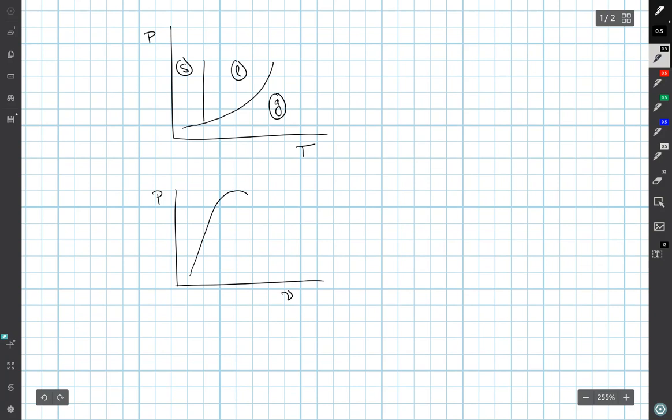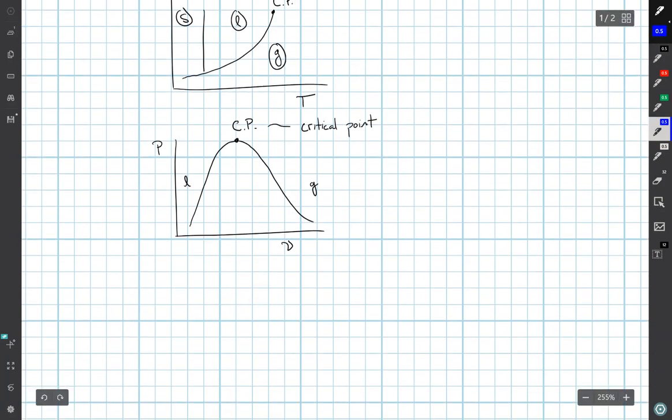Then our diagram would look something like this, where over here we would have liquid, over here we would have gas, and up here would be the critical point, which on this phase diagram is right there. We'll talk more about the critical point later. It's kind of a fun point, beyond which there's no distinction anymore between liquids and gases. We're not going to talk about it too much more right now.